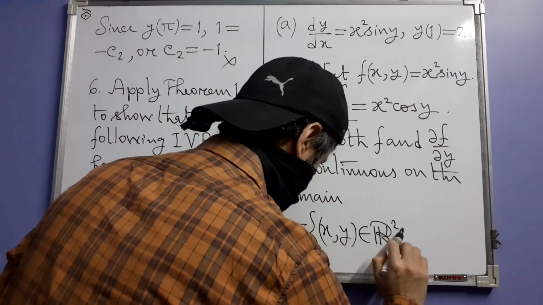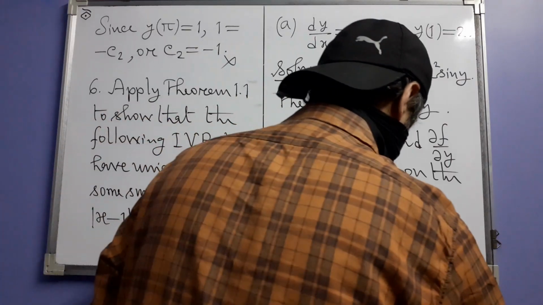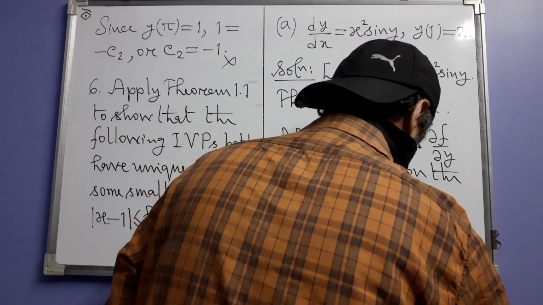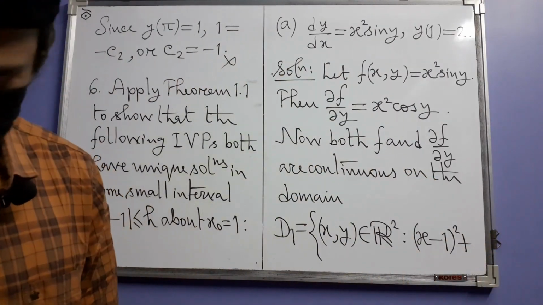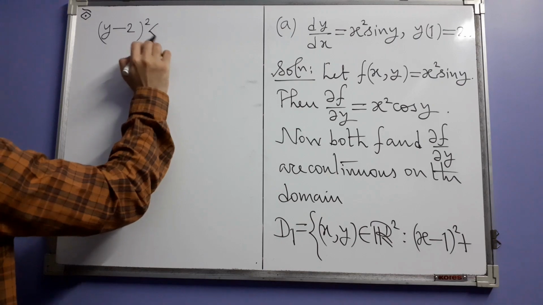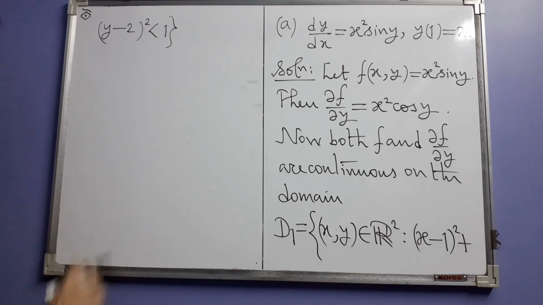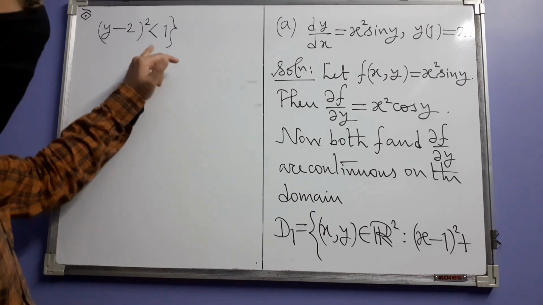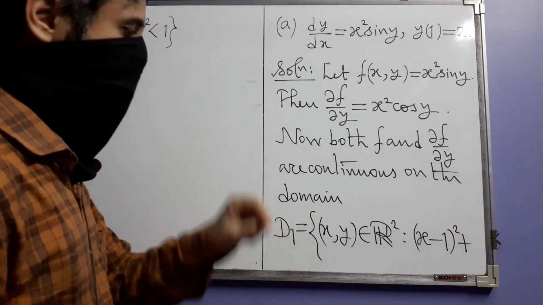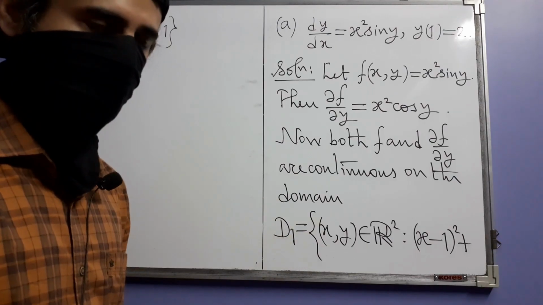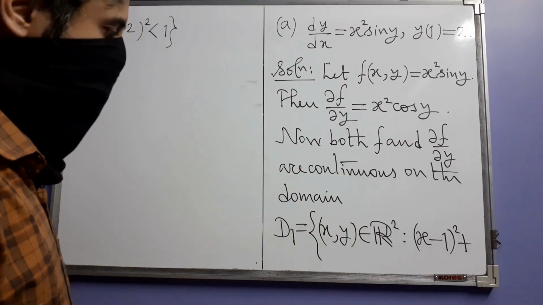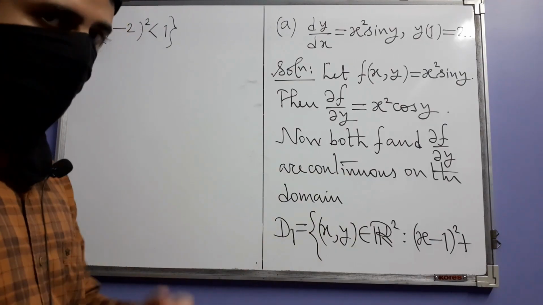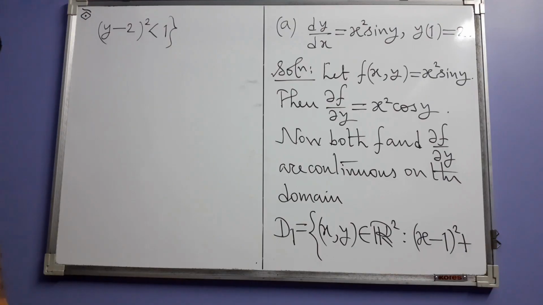In R2, x minus 1 square plus y minus 2 square less than 1. This strict inequality ensures that this is an open set. Okay, so actually it's an open ball in R2, you can see that already. And of course it's connected as well, so it's a legitimate domain.